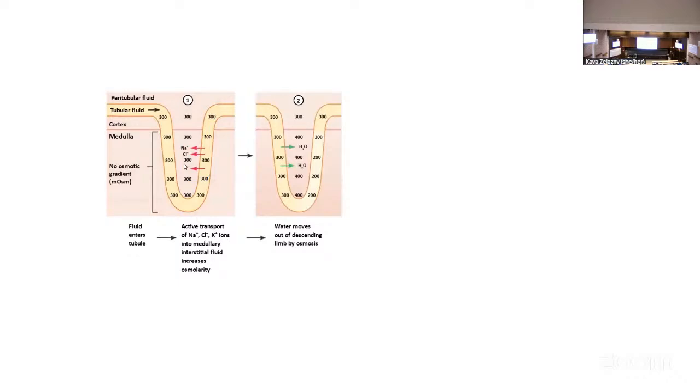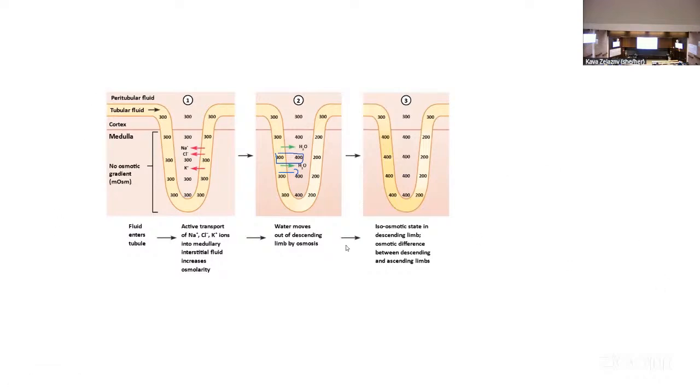Once we have that medulla at a higher osmolarity, we now have a pull on fluid in the descending limb. Since it's permeable to water, we have some water movement towards that region. This would briefly come to equilibrium, so we'd end up with an isoosmotic state for a little bit.